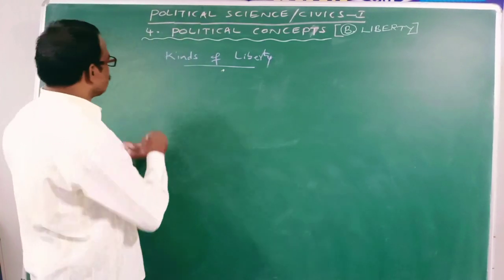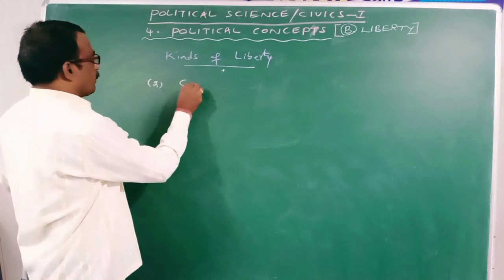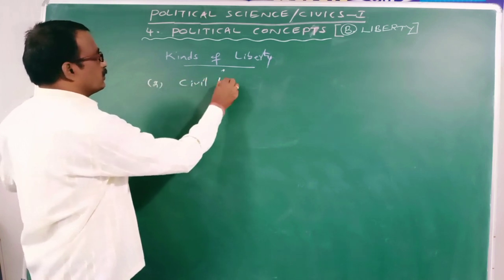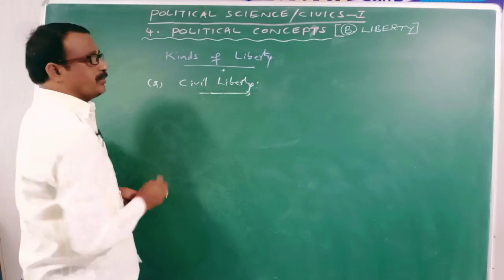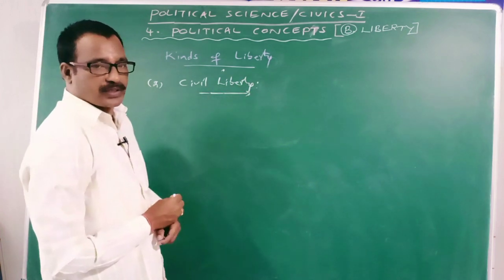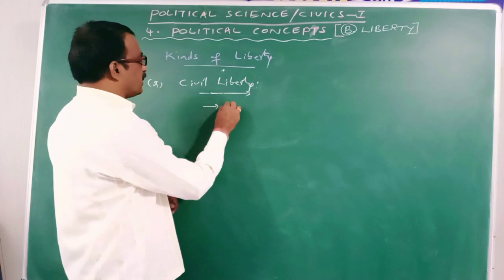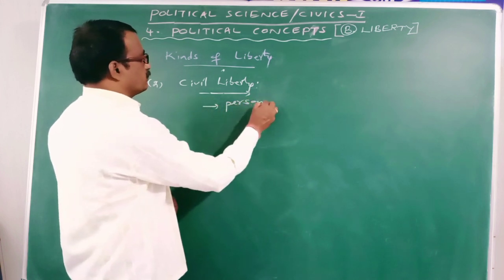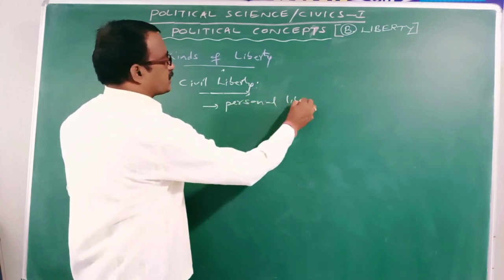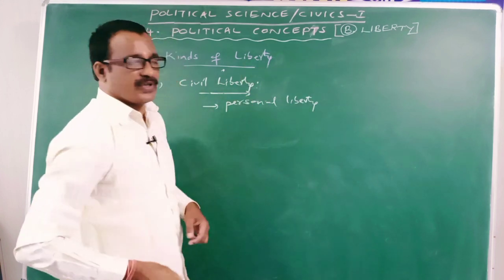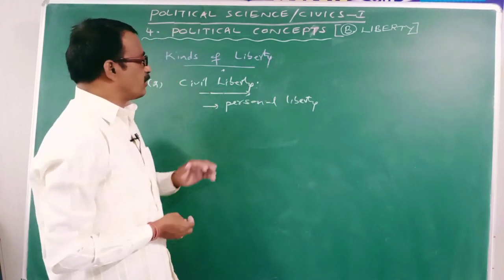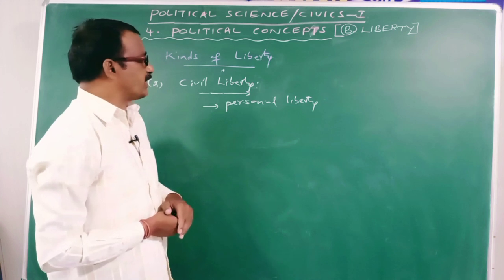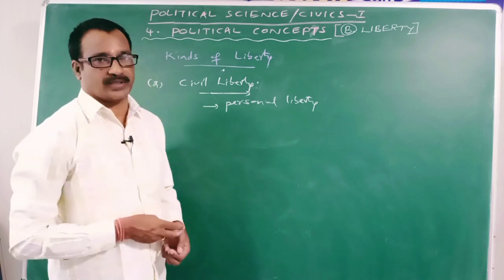Then the second one is civil liberty. So what is meant by civil liberty? Civil liberty means the personal liberty of the individual. The liberty that is enjoyed by the individuals in civil society is called civil liberty.